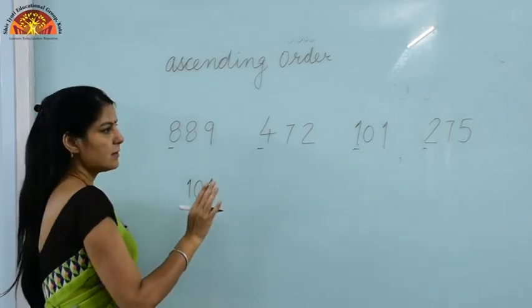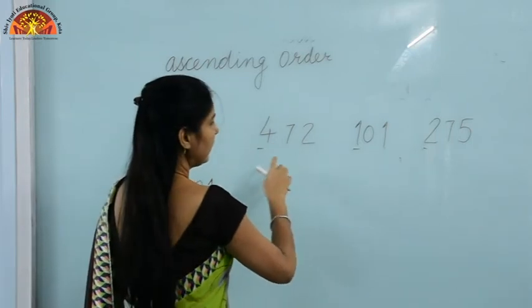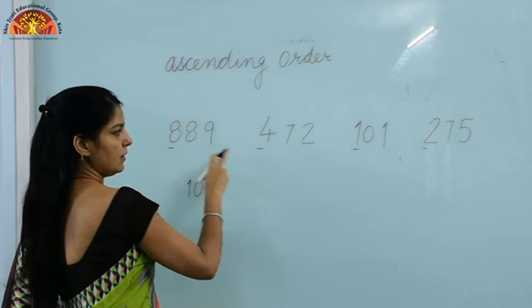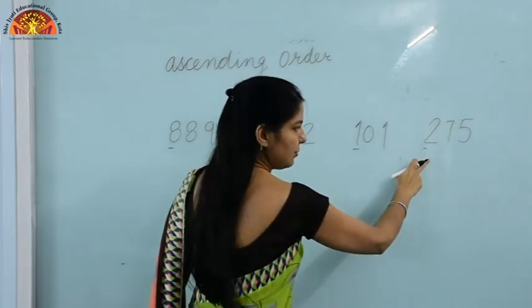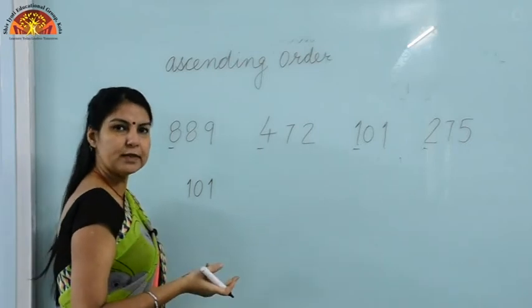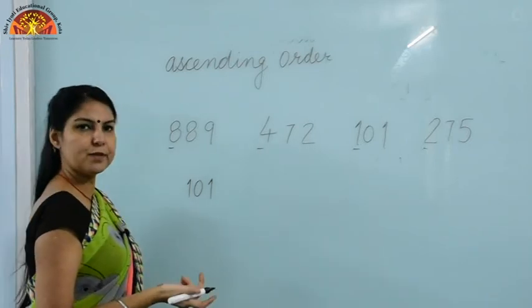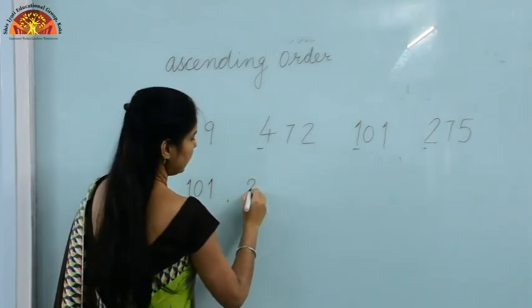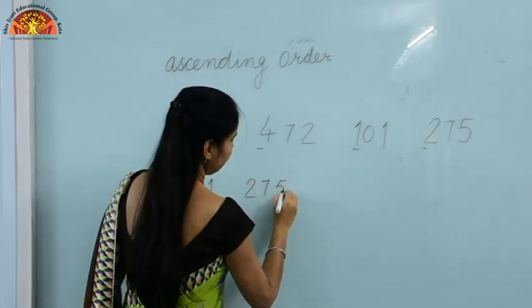After writing this, leave this number and compare other 3 numbers. Here 8, here 4 and here 2 is given. So you know the number which is having 2 at hundreds place, that will be smaller among these 3. 275.